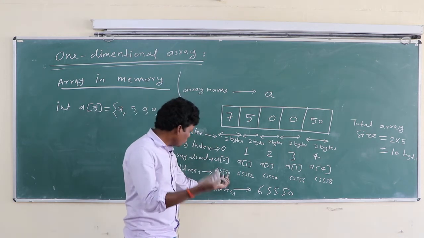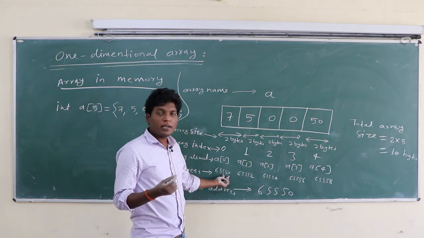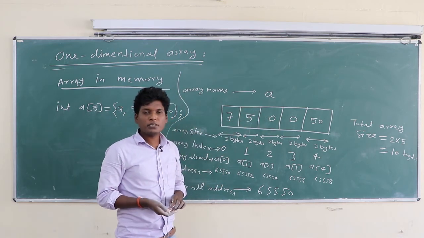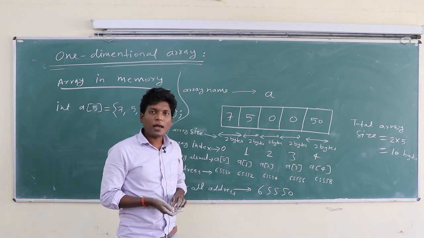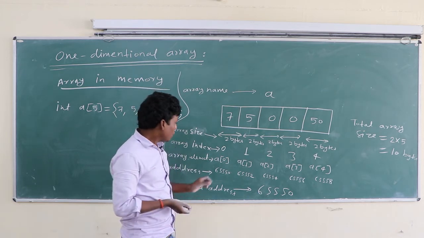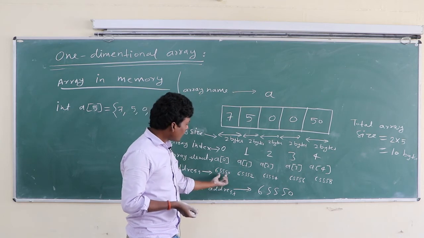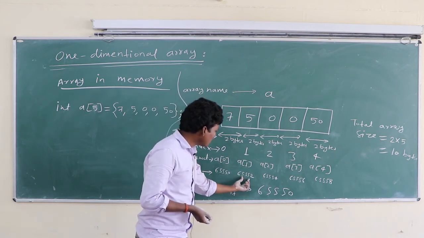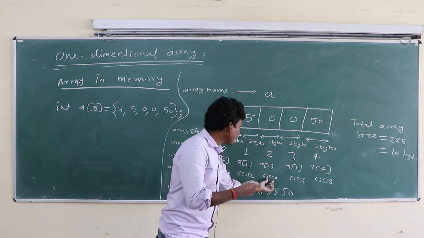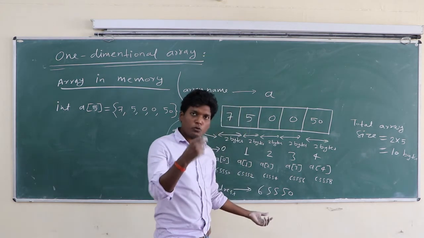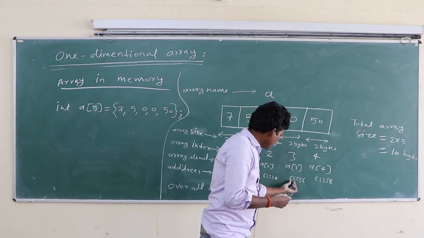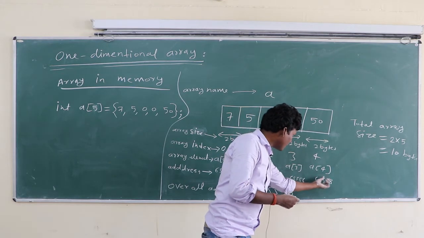It increments by 2 because the array is an integer type, and suppose the compiler is a 16-bit compiler, so an integer has size 2 bytes. So if the first block address is 6550, then the next block address is 6552, the next is 6554, incremented for every block, then 6556, 6558.